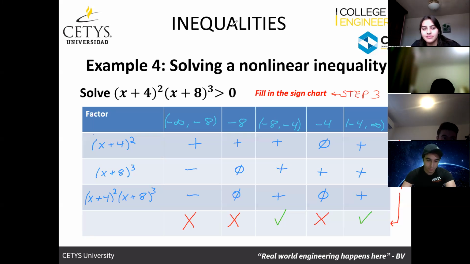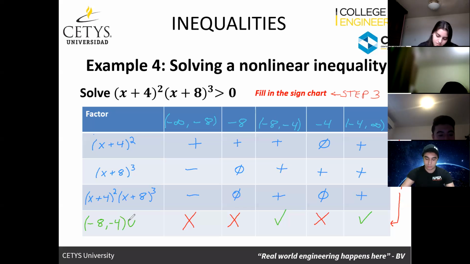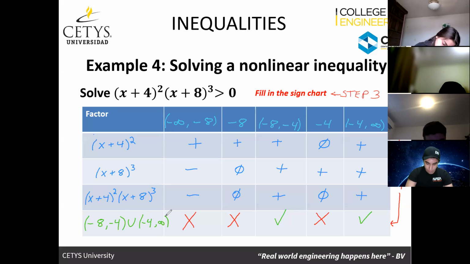And so the solution that we're going to have for this problem is going to be the intervals that go from -8 to -4 and from -4 to infinite.